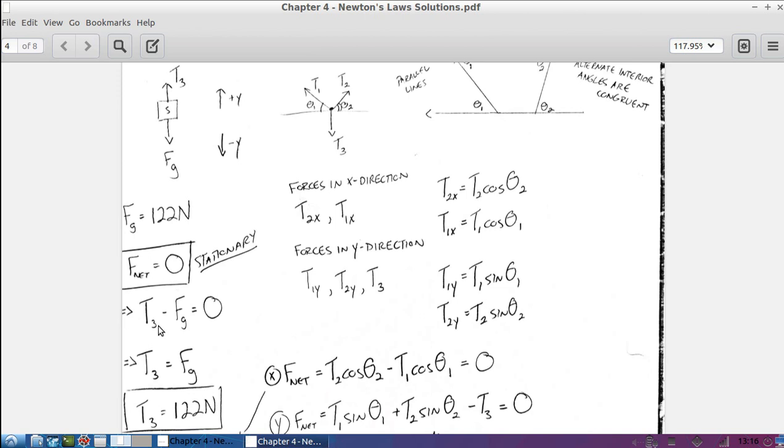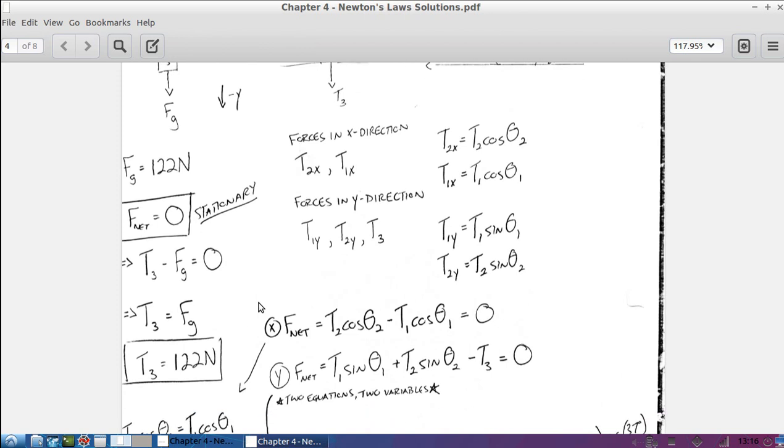So I write Newton's second law: T3 in the positive y minus F sub g, just like I did with the diver in the bucket. Gravity's acting in the negative y, T3's in the positive y. Add them up and set them equal to 0, because the stoplight's stationary. Add F sub g to both sides, and we see that the tension T3 is the same as the gravitational force on the stoplight, 122 newtons.